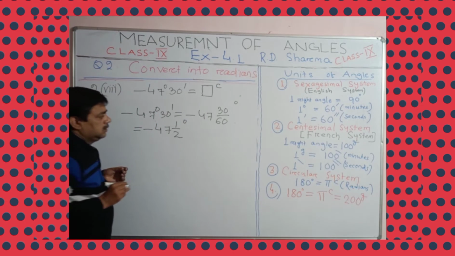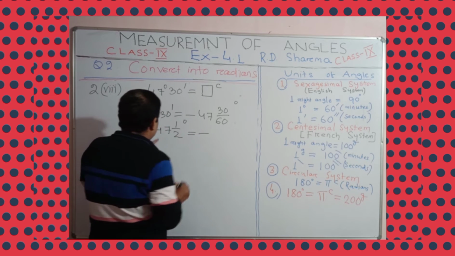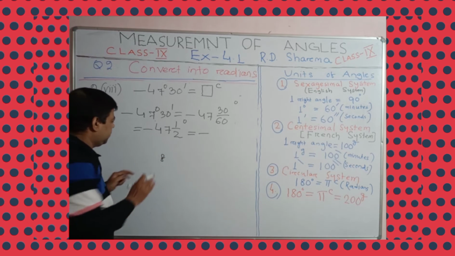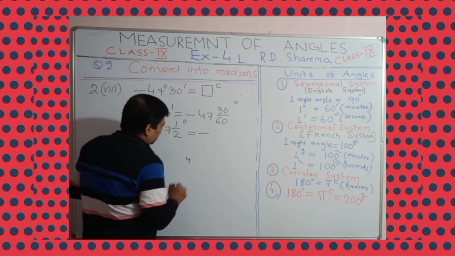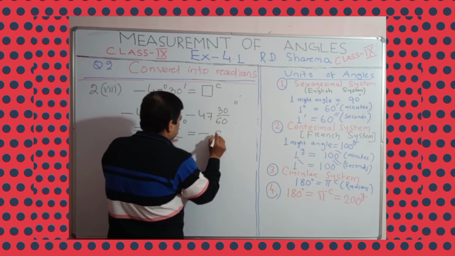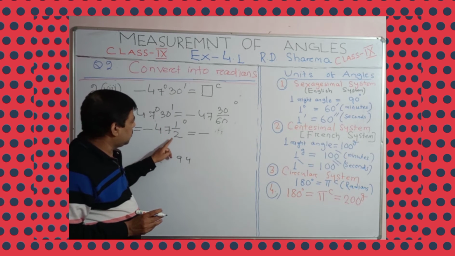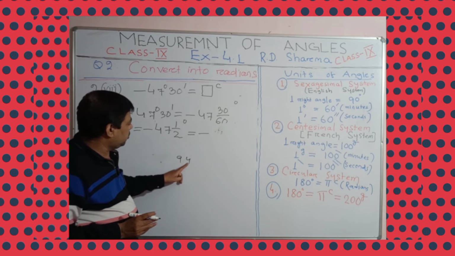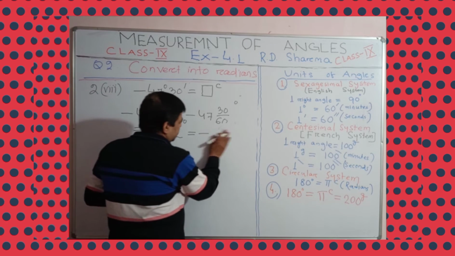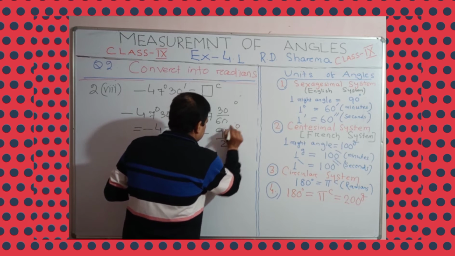Yes, understand? So that is equal to minus 47 into 2. 2 sevens are 14, 4 carry 1, 2 fours are 8 plus 1 is 9, so it is 94 plus 1, 95 upon 2 degree.